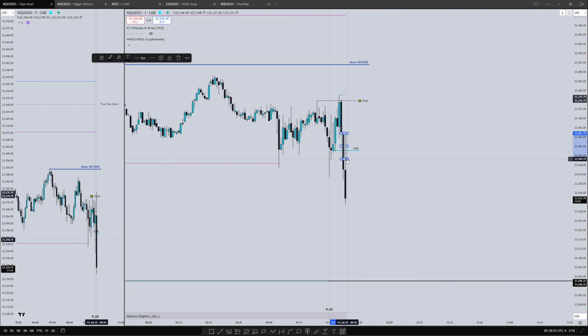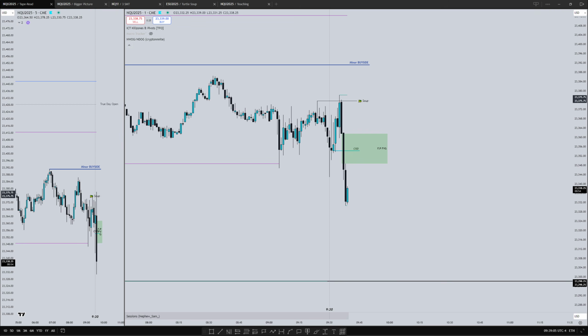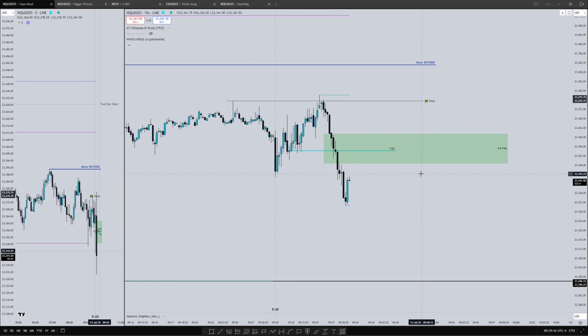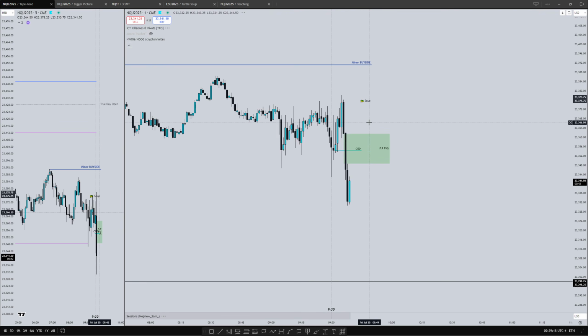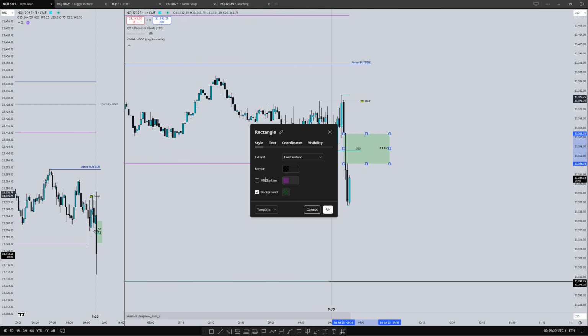But if we can form this as a first presentation gap, I'd love to take it as a trade opportunity back down. Let's get our first presentation here. We'll screenshot this really quickly. I want to see how much it wants to run into this.